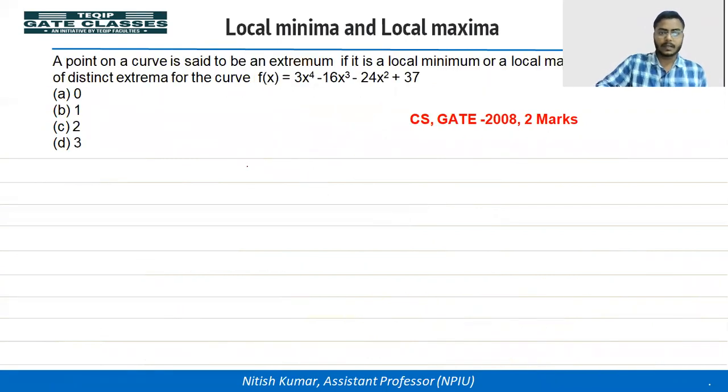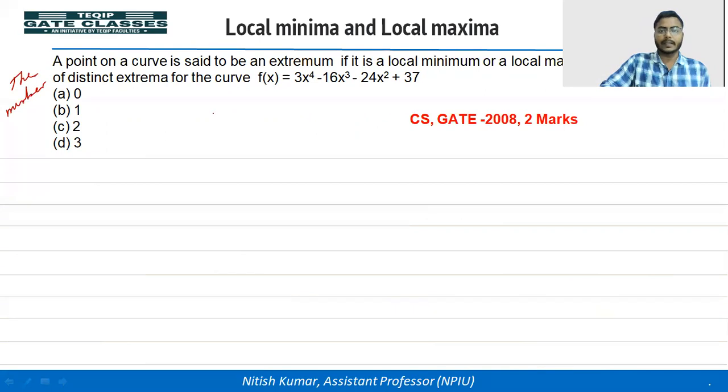Okay. The next question: a point on a curve is said to be an extreme if it is a local minima or a local maxima. So the number of distinct extreme values of f(x), this one.